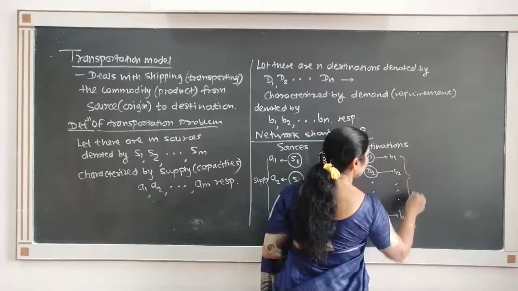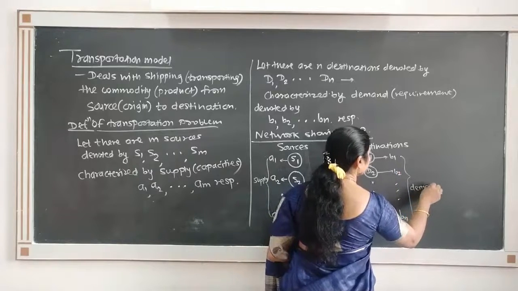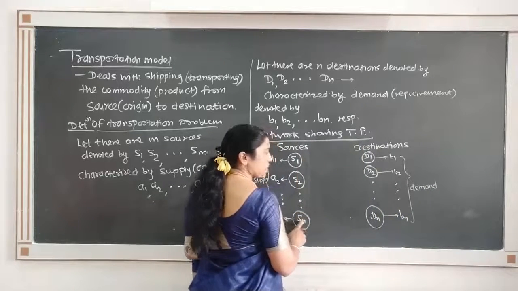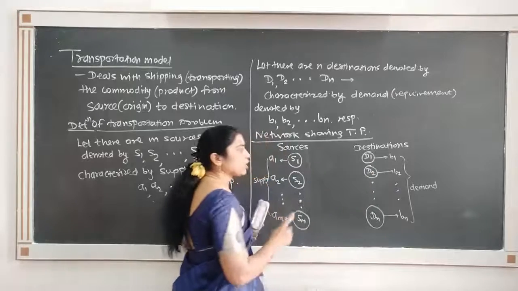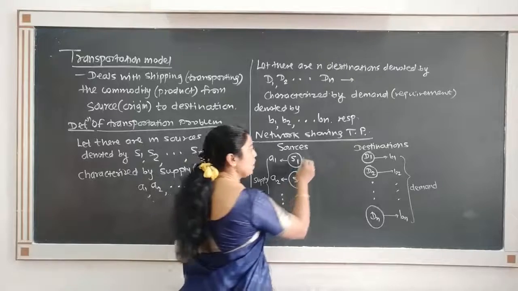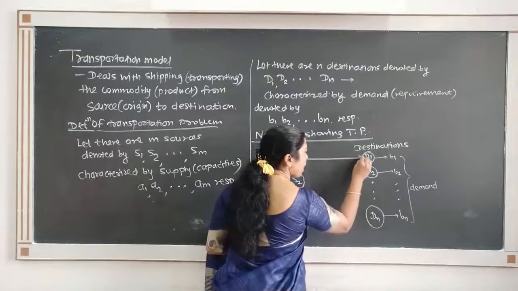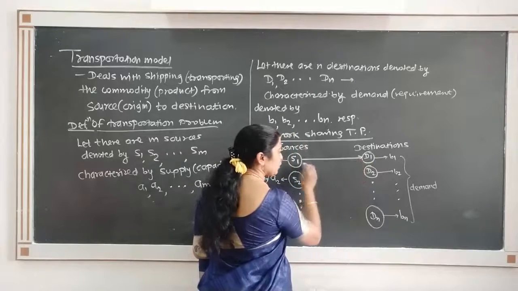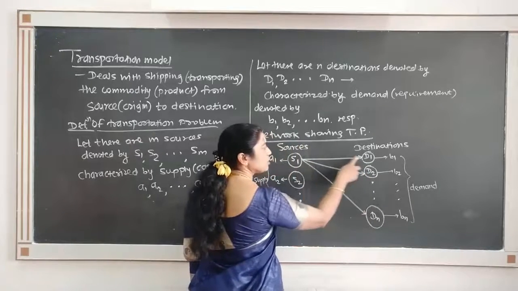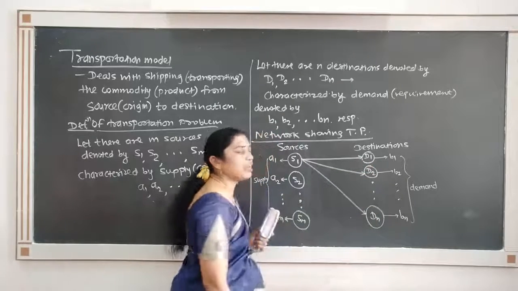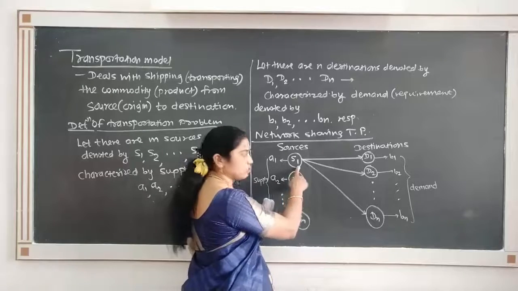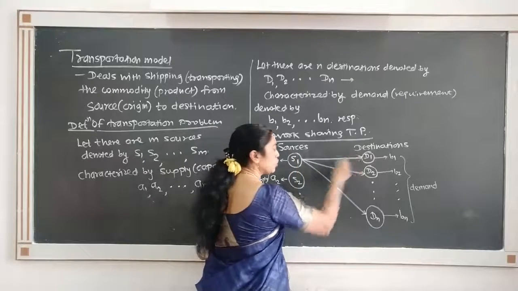So this is demand. These sources and destinations are shown by nodes or vertices in graphs. Now the sources are linked to destinations by arcs. So the source S1 is linked to destinations D1, D2, Dn, etc. by arcs. These arcs are nothing but routes linking source to destination.